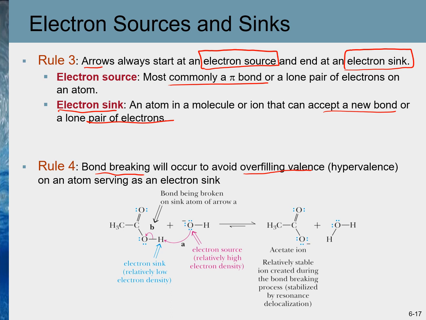For example, in this example shown here, when we show the movement of the lone pair from oxygen to hydrogen, we must also show the movement of the sigma bonded electrons. The reason is, if we do not show it, then hydrogen will have an expanded duet, which would be incorrect. So the sigma bond will break in order to avoid that condition.